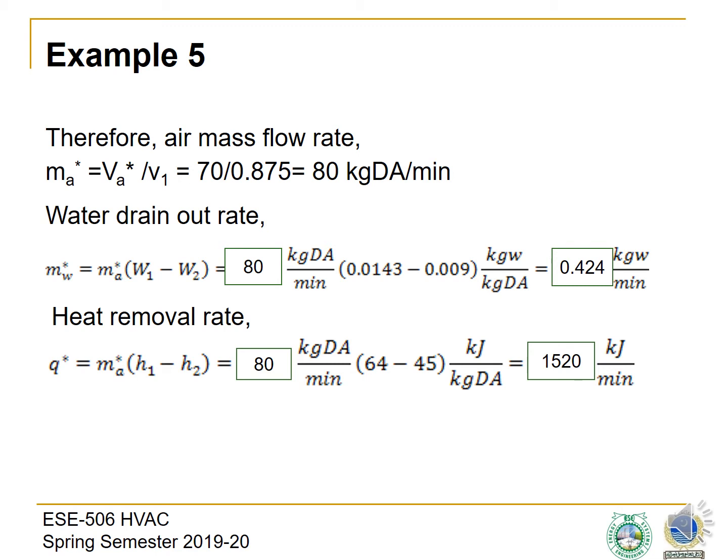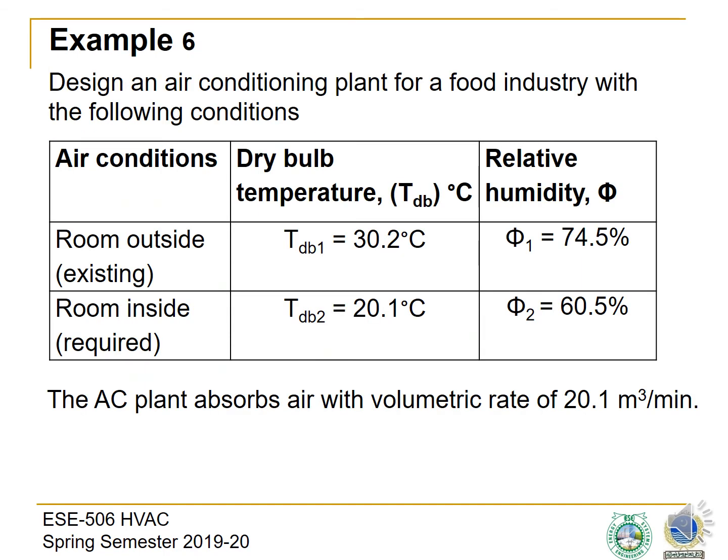When the data is given, example 6: design an air conditioning plant for a food industry with the following conditions. The air conditioned room, outside existing and room inside required. Dry bulb temperatures are given at point 1, 30.2 degrees Celsius, and at point number 2, 20.1 degrees Celsius, and relative humidity at point number 1, 74.5%, and at point number 2, 60.5%.